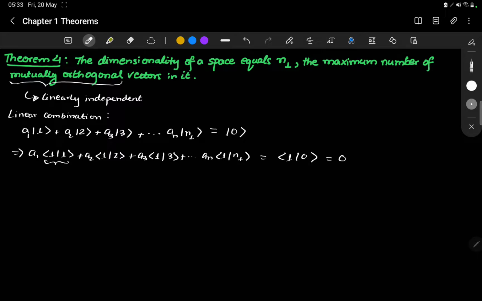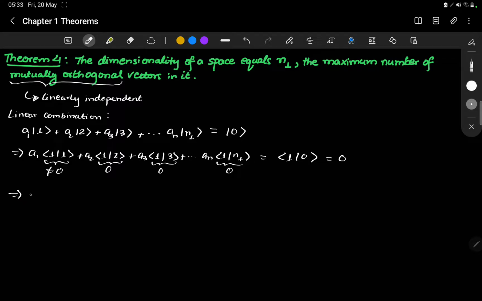Here this will be non-zero. If it is unit magnitude, then that will be 1. But these terms, the dot product of 1 with 2, will be 0 because it is mutually orthogonal. Then the dot product of 1 with 3 will also be 0, it is mutually orthogonal, and so on and so forth. All these dot products are going to be 0 and only this particular one will be non-zero.